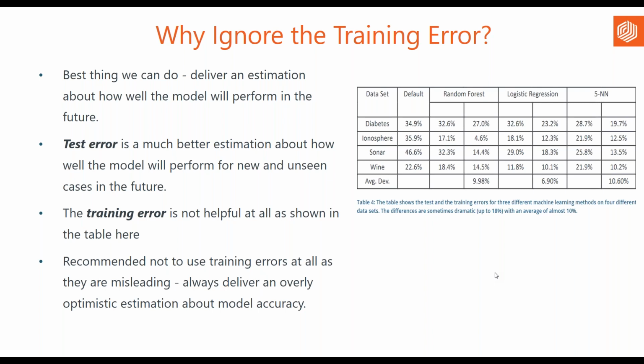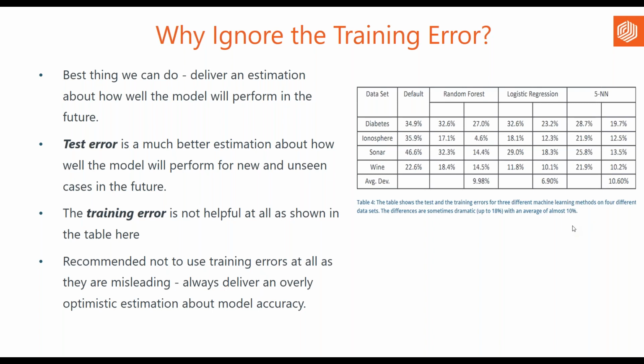But if you see here, you can actually rely on the test errors, but not on the training errors. And you see there's an average of almost 10% difference between your training error and testing error.